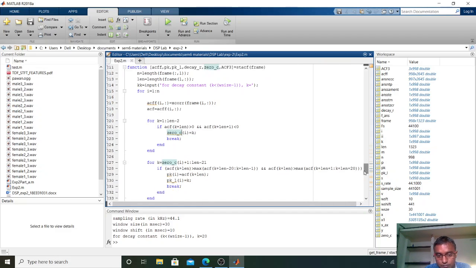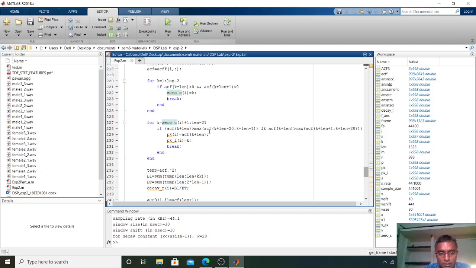After that, I am finding the peak and peak location. We have to find the peak and peak location just after zero crossing. So I am starting from zero crossing plus 1, and then checking for the kth element that it is greater than the previous 20 elements and the next 20 elements.